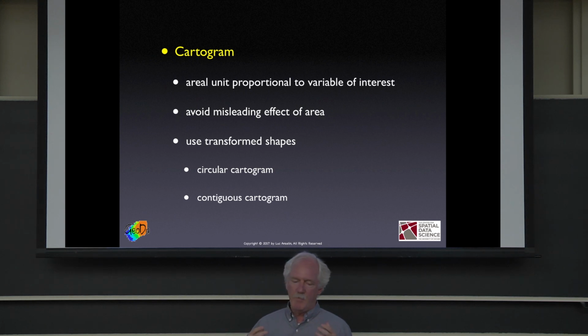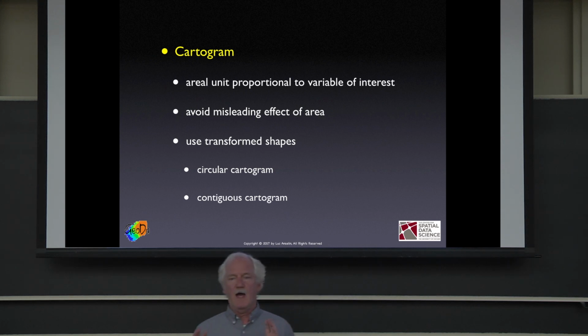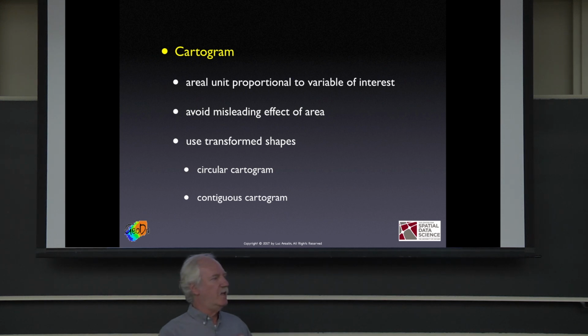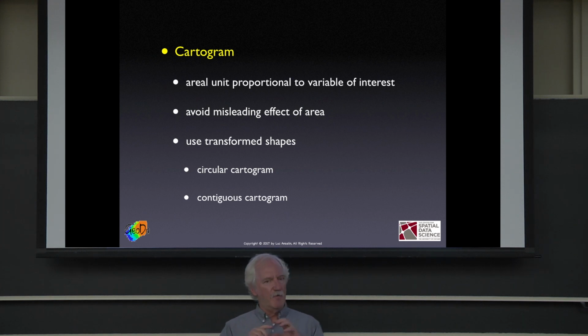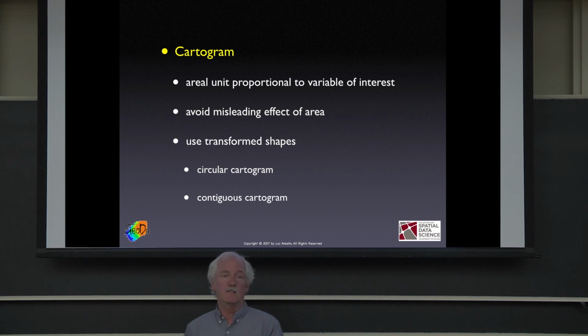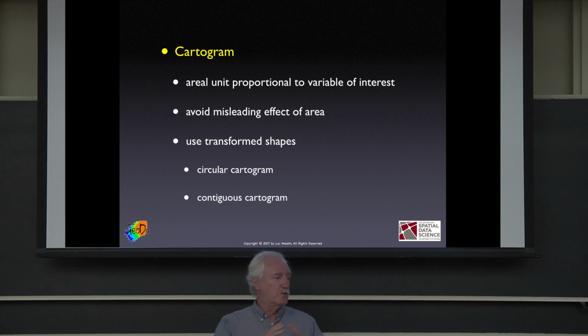So a cartogram fixes that by changing the geography. So rather than making units, the polygons, representative of the physical area, they become representative of the value of the variable that you're trying to portray. So homicide rate, New Orleans would be a big shape. St.